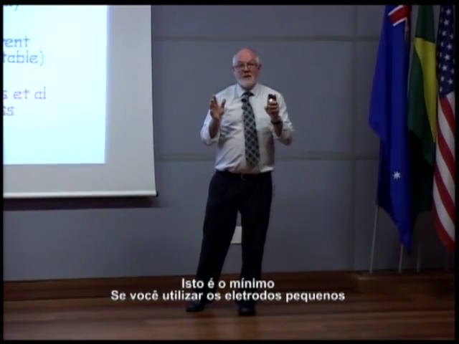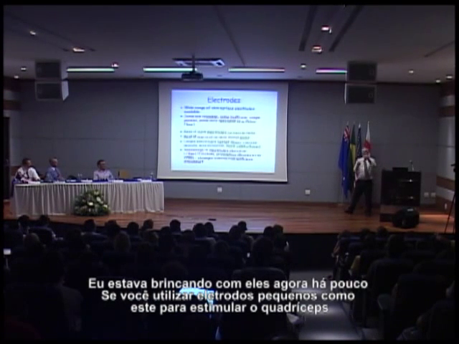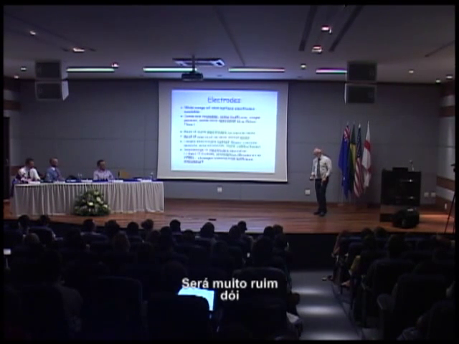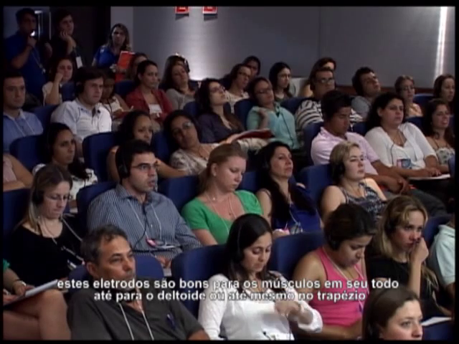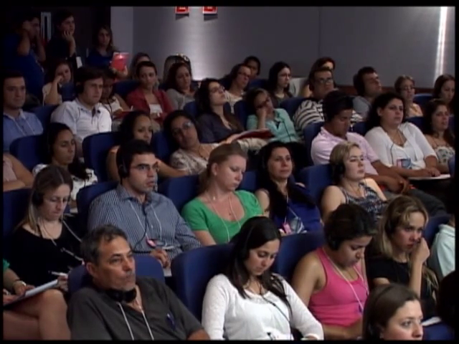That's your minimum. If you use those small electrodes I was playing with just now to stimulate the quadriceps, that's really unkind. That hurts. So those electrodes are fine on the muscles on your arm, even on my deltoid, or even on my trapezius, that would be fine.